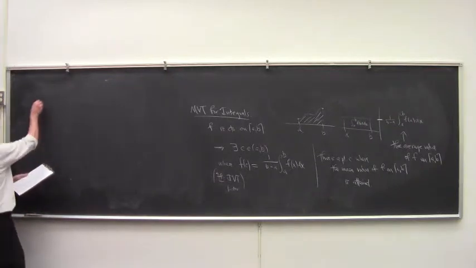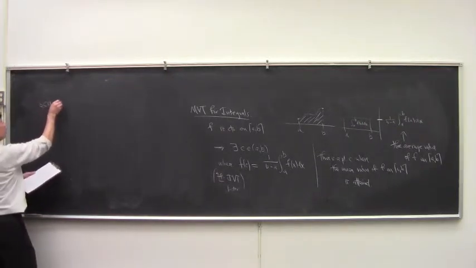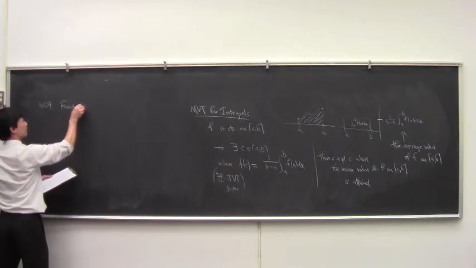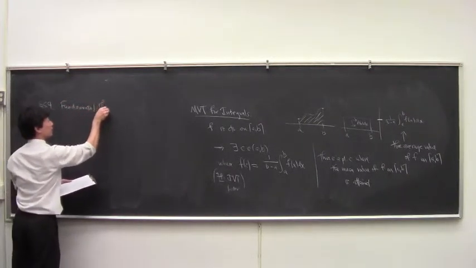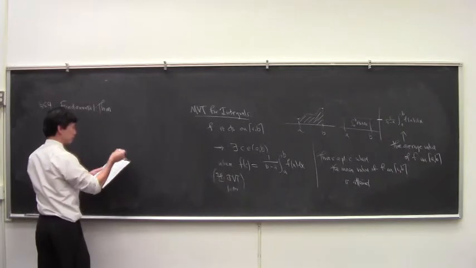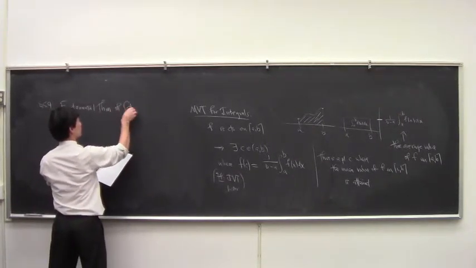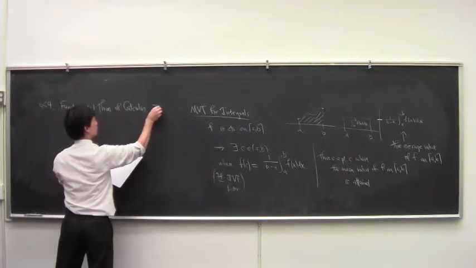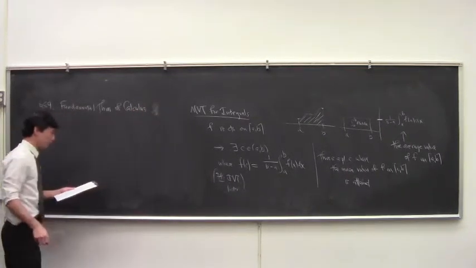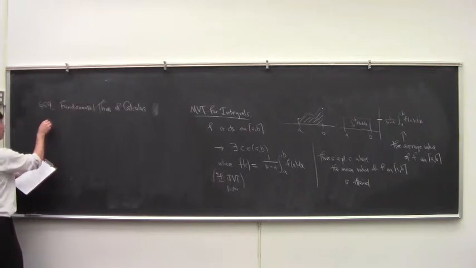Okay, so let's go on then to 5.4, fundamental theorem of calculus 1. This idea actually leads right into the fundamental theorem of calculus 1. Okay, so here it is.